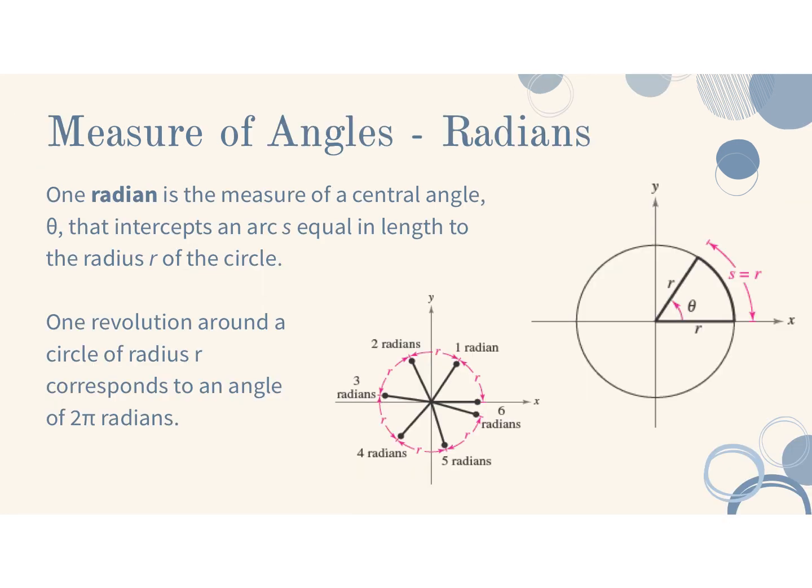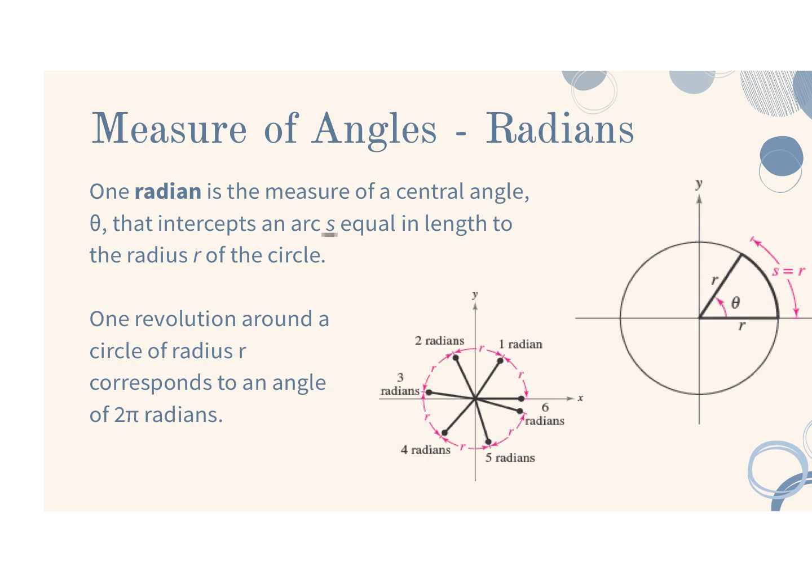Everything that we just did was in degrees. I think in geometry, you were introduced to the concept of a radian. If you weren't, I'll explain what it is right now. It's the measure of a central angle that intercepts an arc S, which we denote typically with the letter S, equal in length to the radius of the circle.